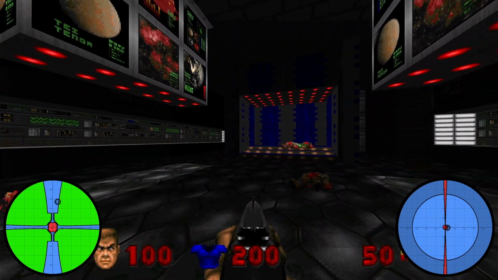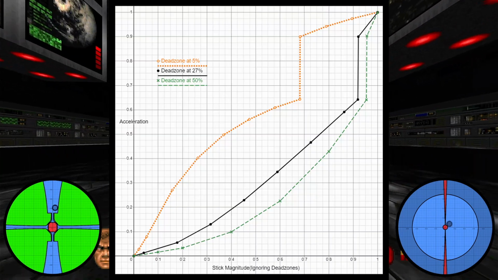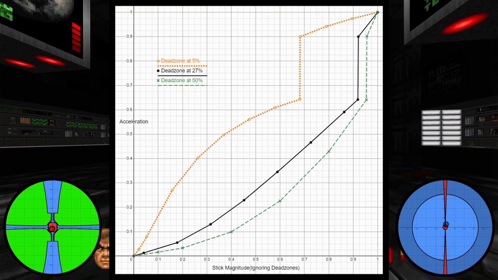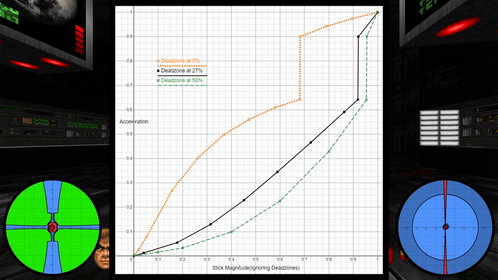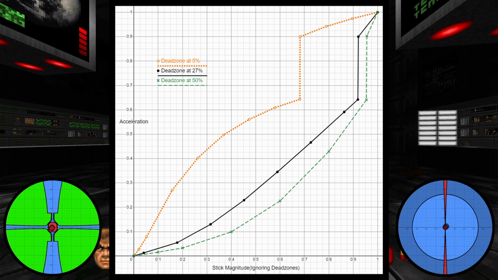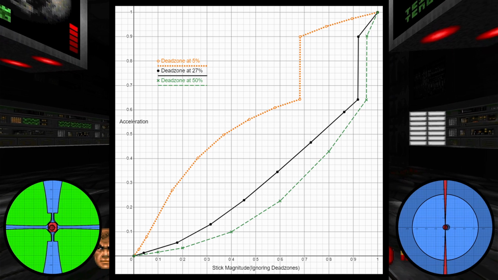So if we overlay the curves ignoring the dead zones, we can see that the curve changes dramatically based on the dead zone size, and the smaller the dead zone, the faster the acceleration begins. So the acceleration curve at 5% starts many times faster than at 27% and especially 50%.